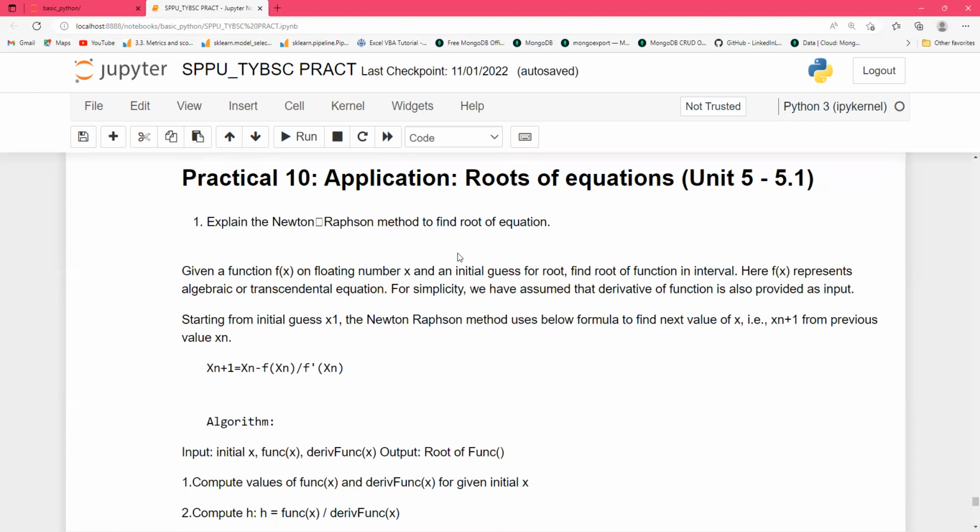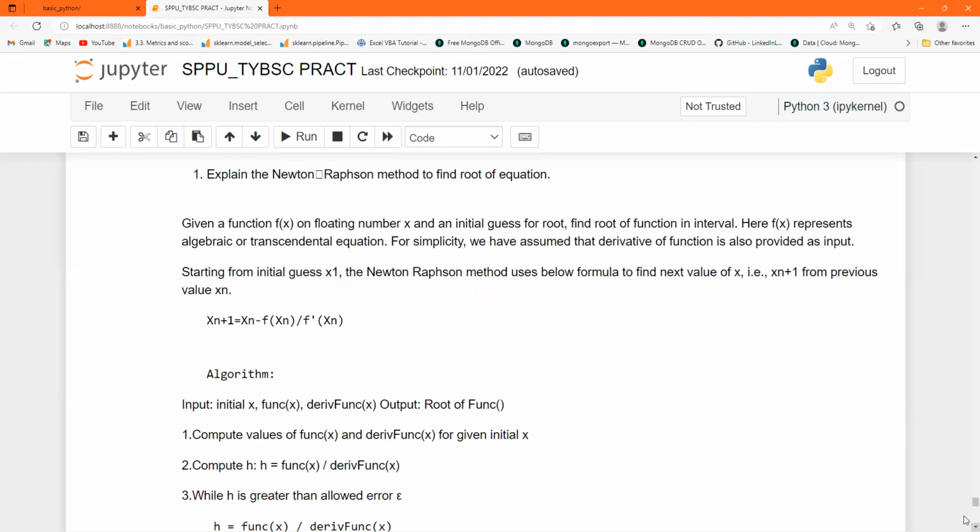I hope if you are in SPPU, you have learned this Newton-Raphson method in SY.B.Sc. in mathematics. So I will only tell this method in Python. I will only give the code. So let us start this code.